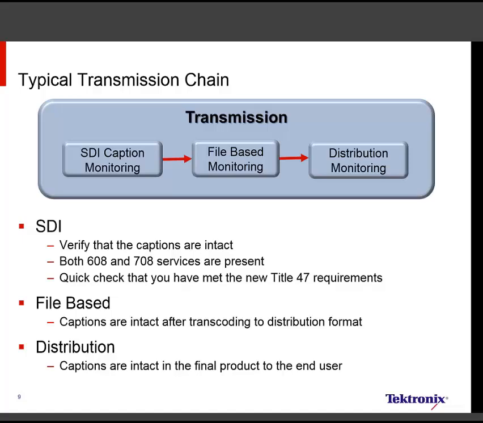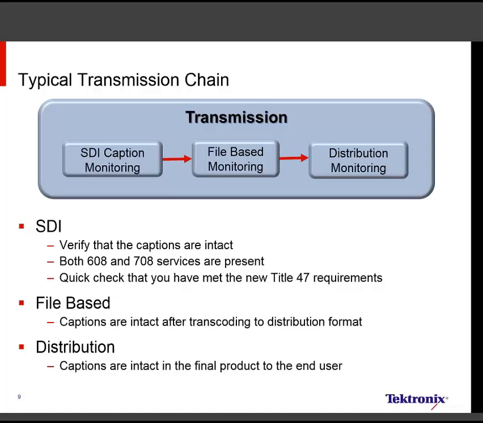It's either coming off of a MES file, being run out in SDI. We are going to take that, we're going to ingest that, transcode that, and then we need some form of file-based monitoring to verify after the SDI has been verified that these 608 and 708 are both present and that we have met the Title 47 requirements.